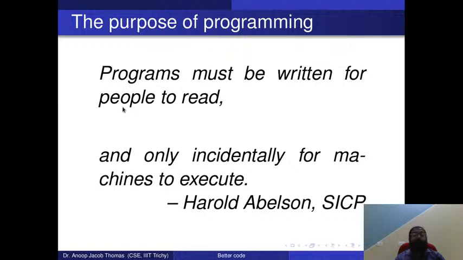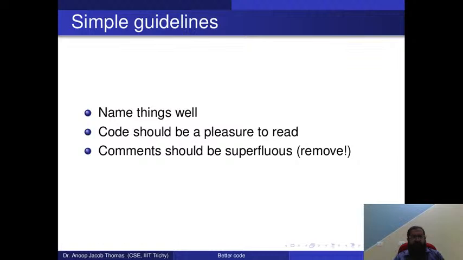Programs must be written for people to read and only incidentally for machines to execute. People must be the first consideration when we write a program, because I can write x is equal to y plus c plus d plus i into c, whatever, but what are these variables x, y, i, c? Do you have any idea? No, it is not possible. So it is also important to have meaningful variables.